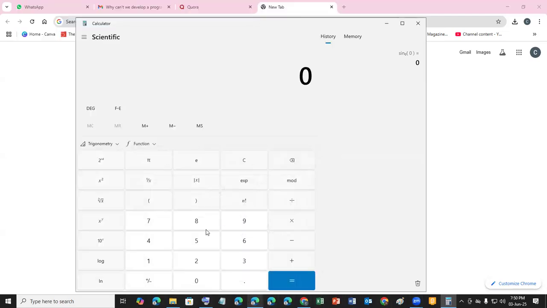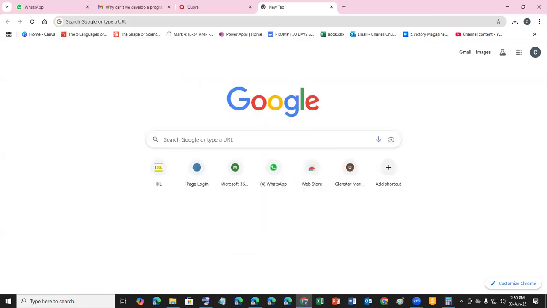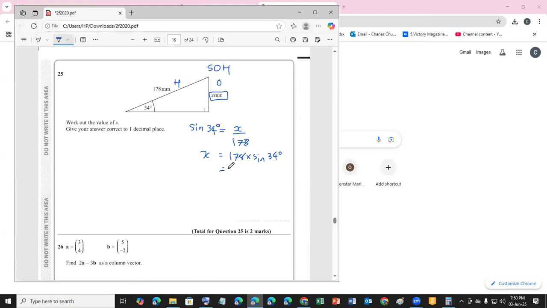What I needed is 34. And then I'll find the sine of 34. Okay, so that's 0.5591. But I've just picked the 4 figures because at least I'm sure of 4 decimal places when we used to use 4-figure tables. So that's 178.